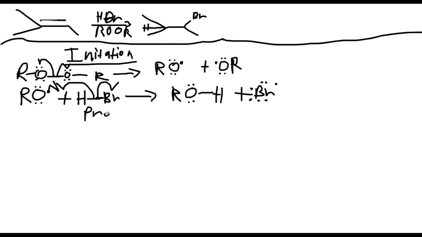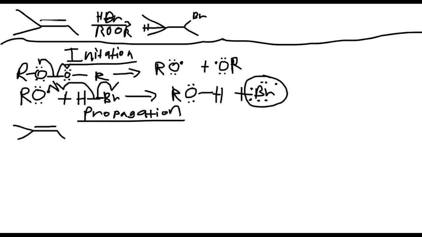The next step we have is the propagation step. And in this step, we would actually start with the structure like this. From here, we would actually bring in the bromine, right? But this time, the bromine with the radical, so this.